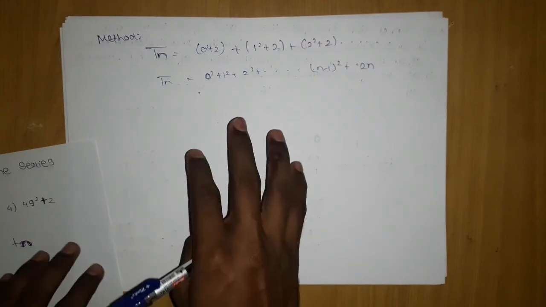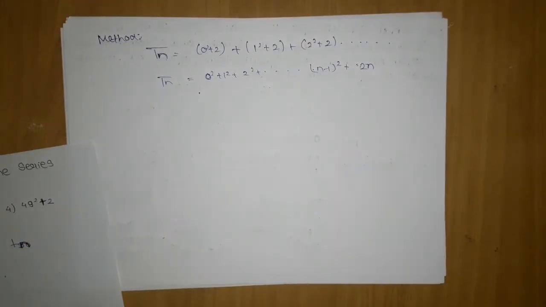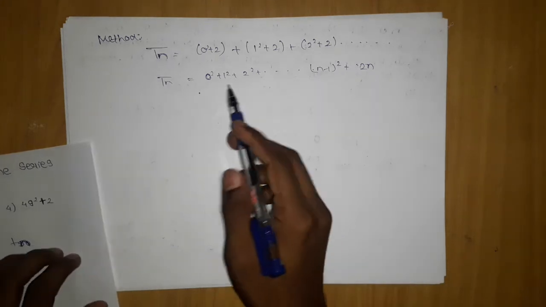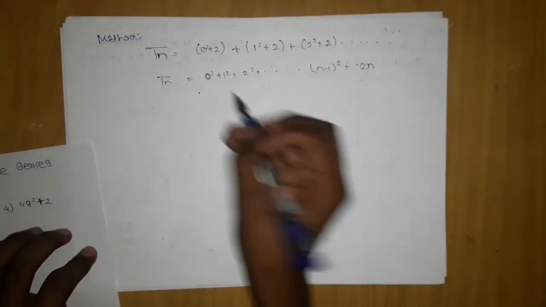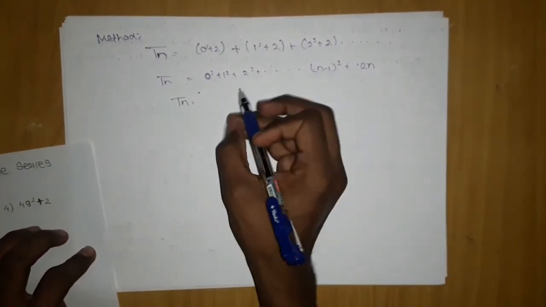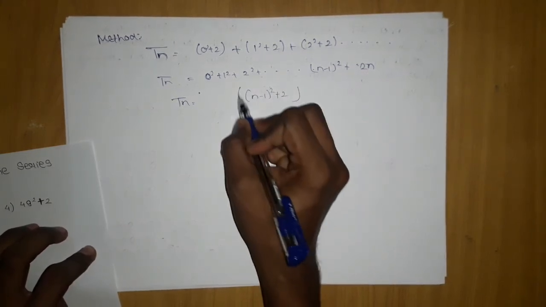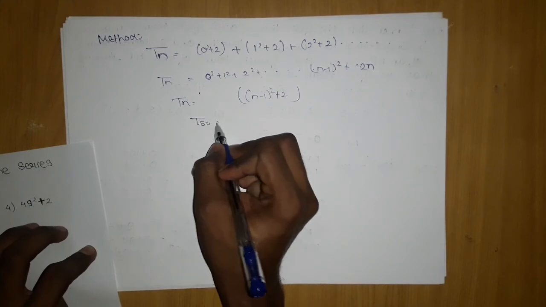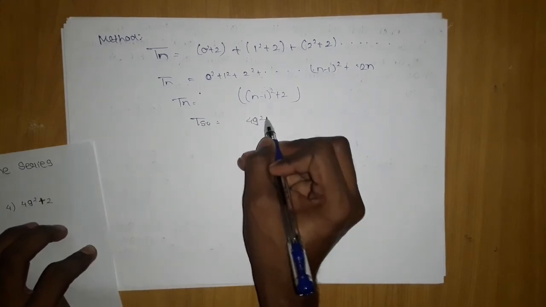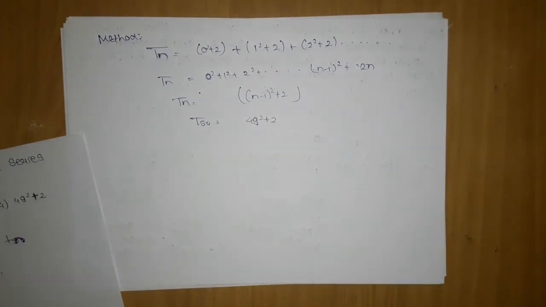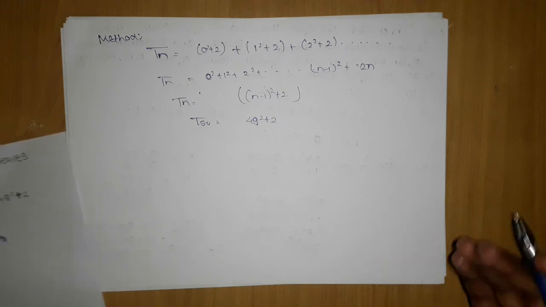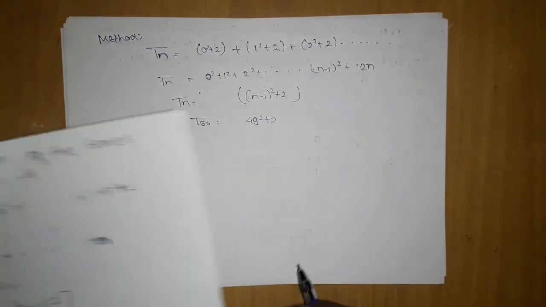We open this, and if we try to get the sum of the terms using this pattern, I can predict the last term will be n minus 1 the whole square plus 2, which will give me directly T50 as 49 square plus 2. Just the direct Tn method. If you can observe the pattern and get the Tn directly, then you can directly solve this question.